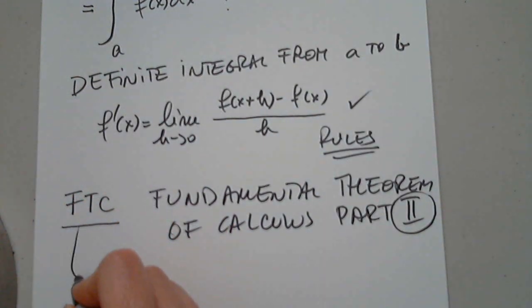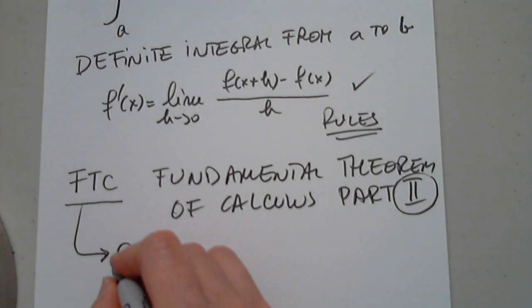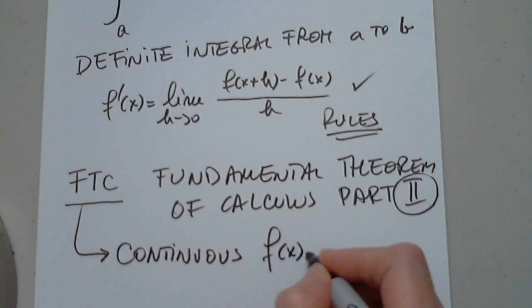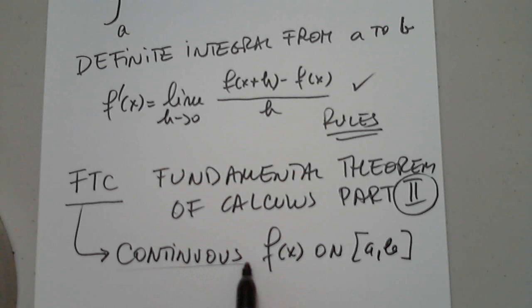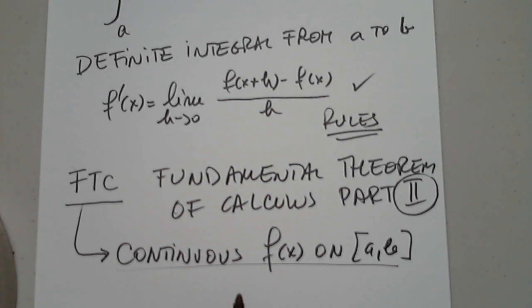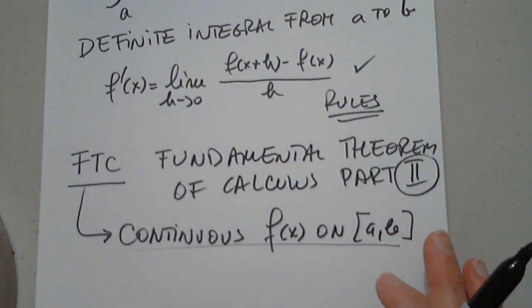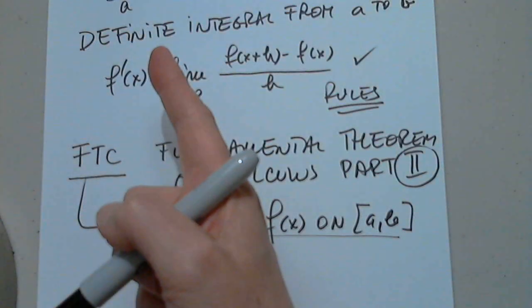Fundamental theorem of calculus requires the function to be continuous. Continuous f of x on a comma b. If the function is not continuous on the interval a comma b, fundamental theorem of calculus is not applicable. Assuming the function is continuous, how do I determine it? How do I evaluate that integral?